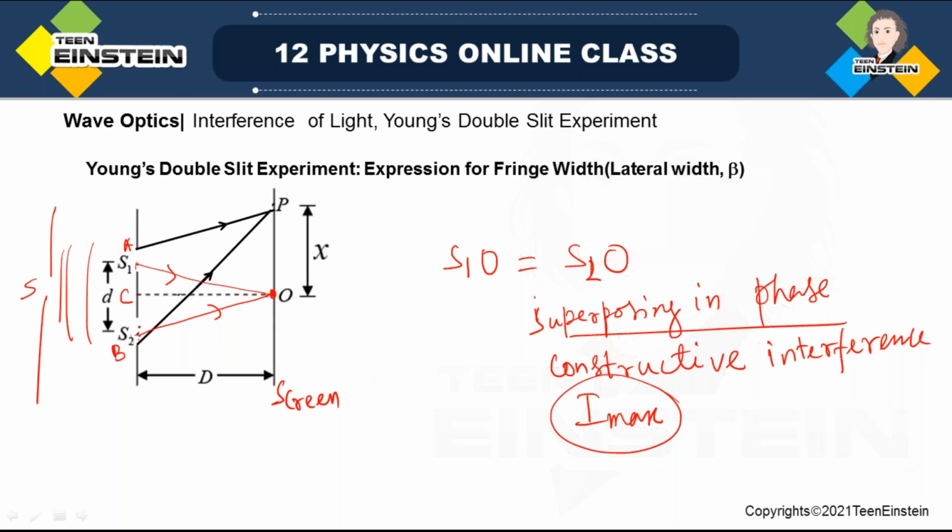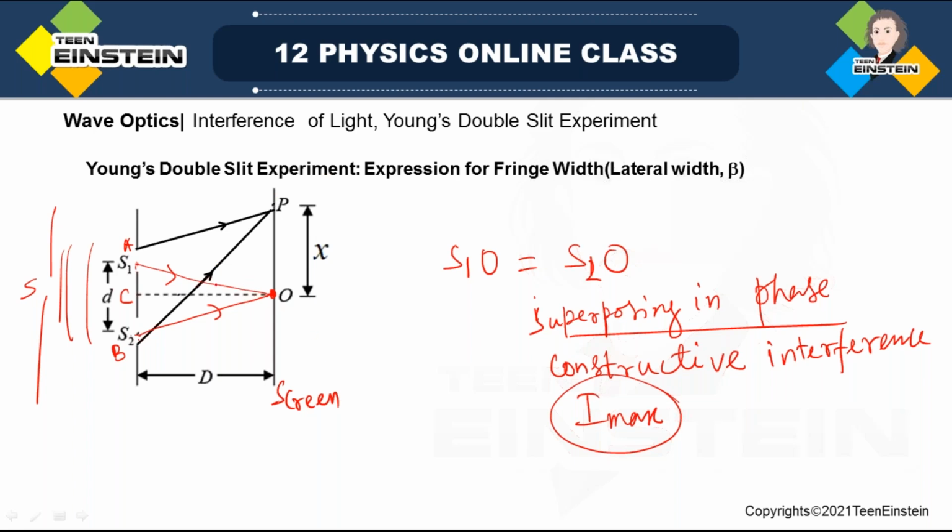The only phase difference can be introduced by making light travel from S1 to some place and S2 to some other place on the screen where they have different paths.